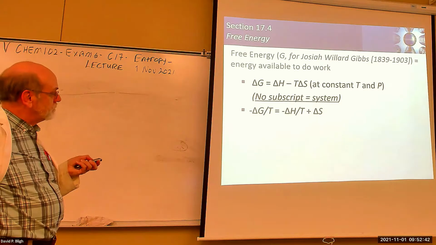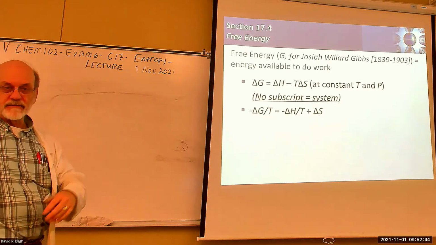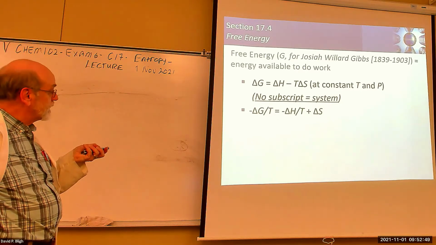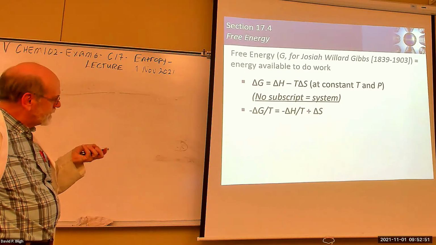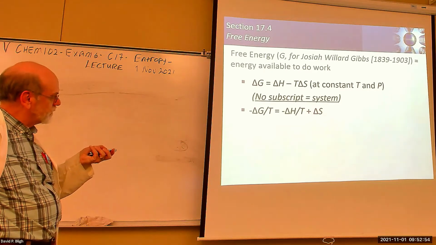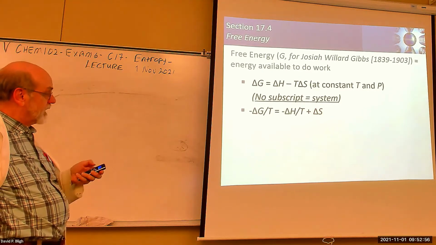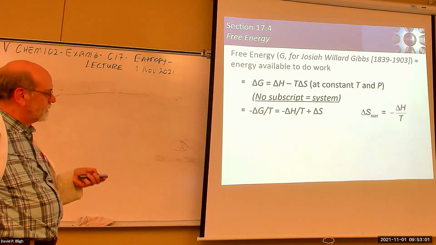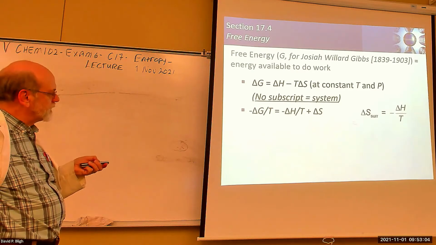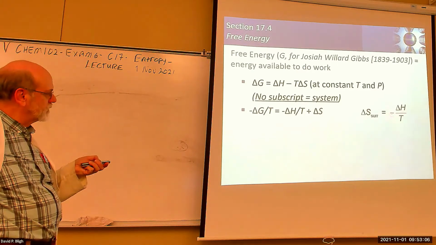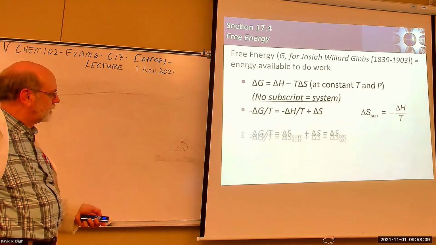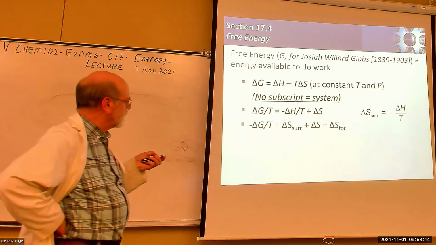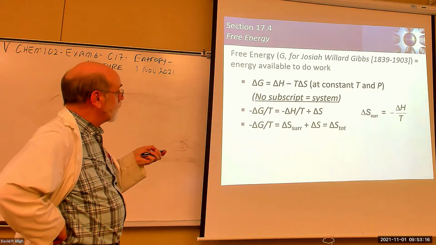If we divide everything through by T, that's all we've done here. Well, actually negative T. Divide everything through by negative T, then that puts delta S out here by itself. Okay, so I think you know where I'm going with this. We're going to solve for delta S, I'm pretty sure. If we know that delta S for the surroundings is this value, then that's why we divided everything through.